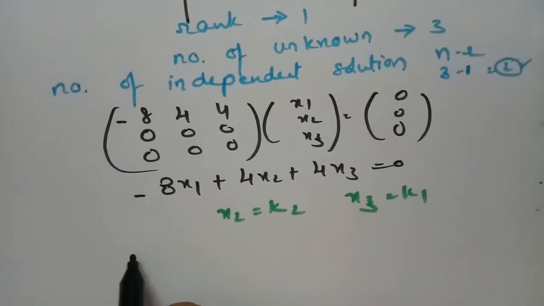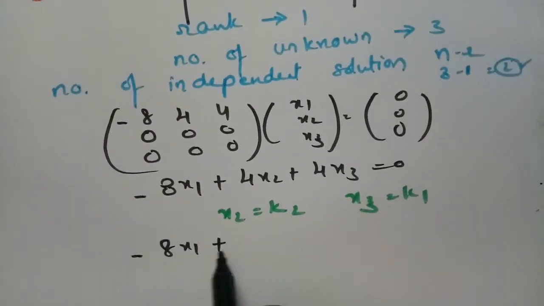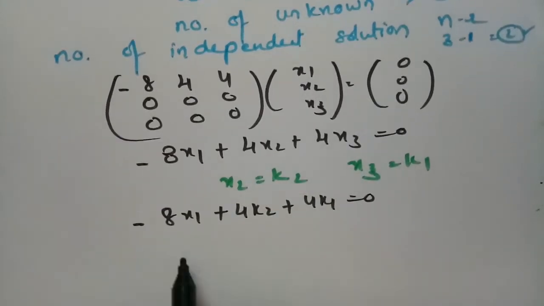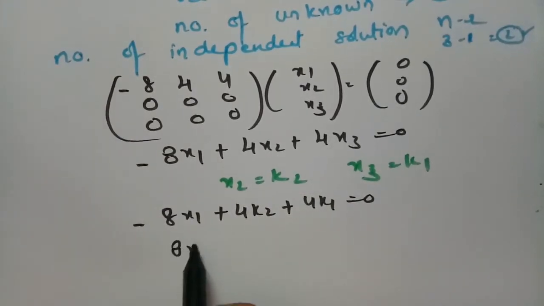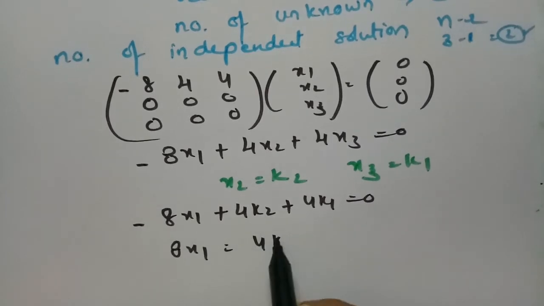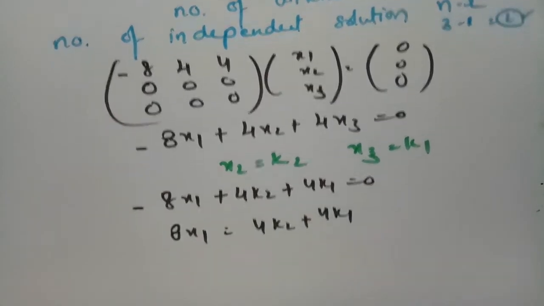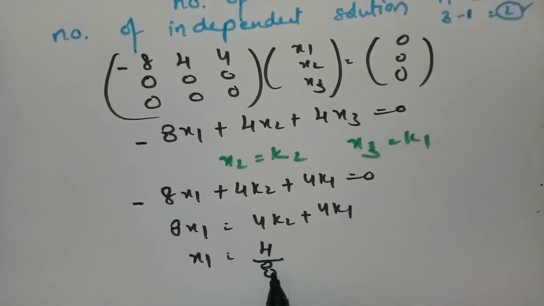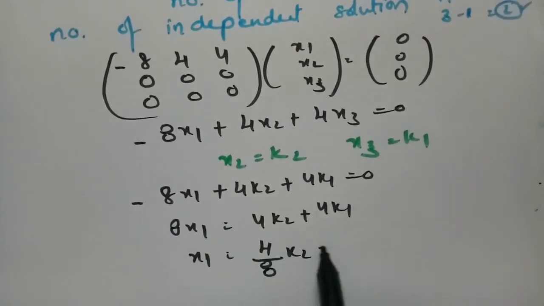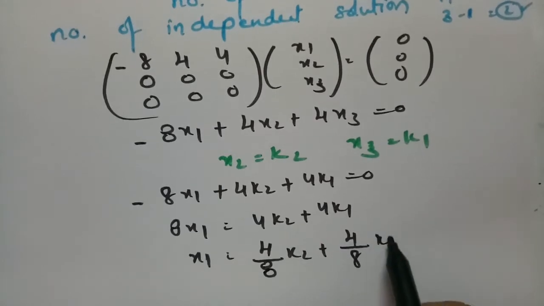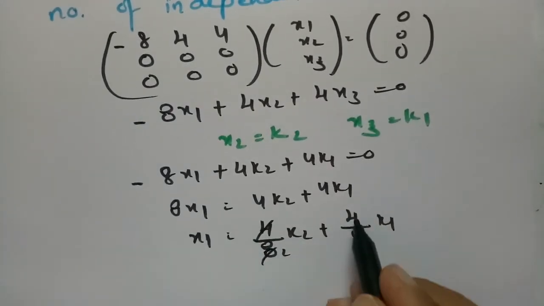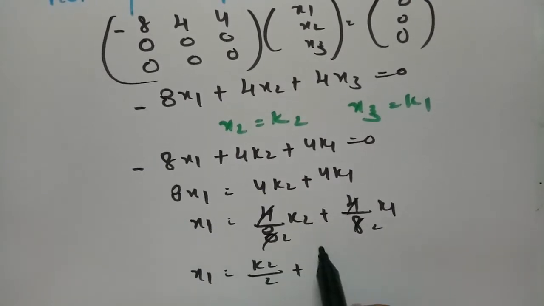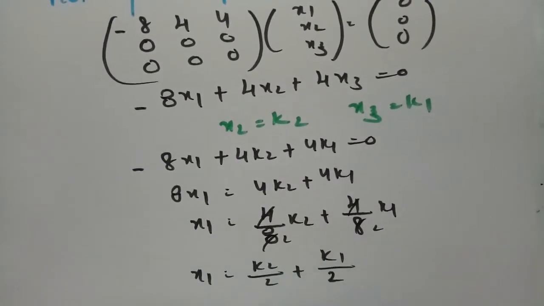If I substitute, 8x1 is equal to 4k2 plus 4k1. So x1 will be 4 by 8 k2 and 4 by 8 k1. If I cancel this, x1 will be k2 by 2 plus k1 by 2.